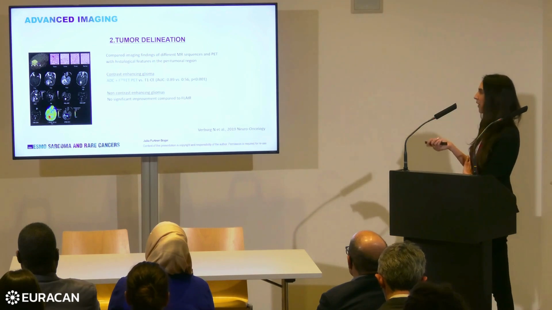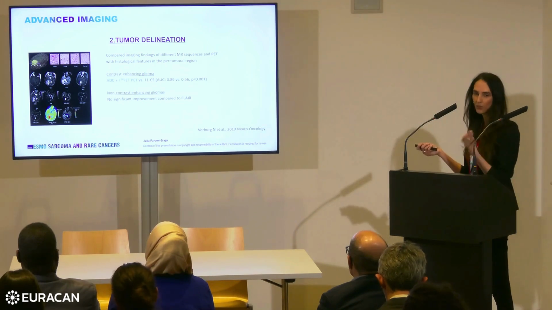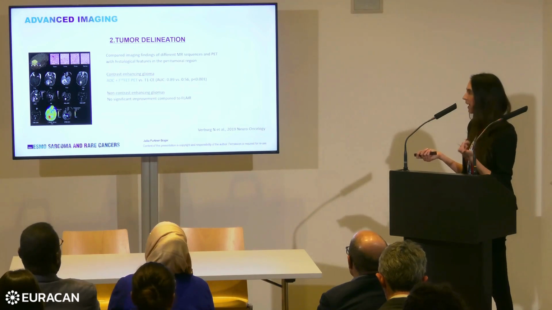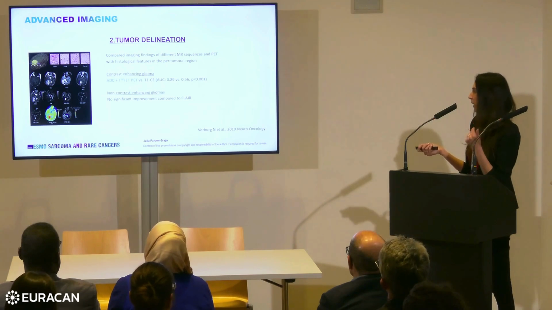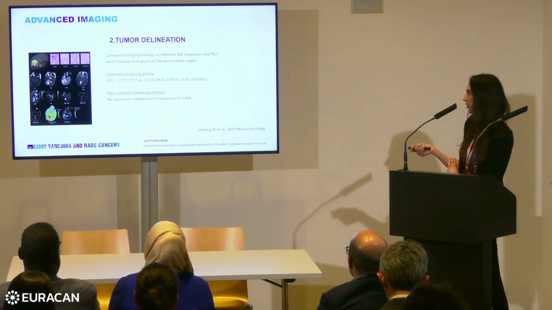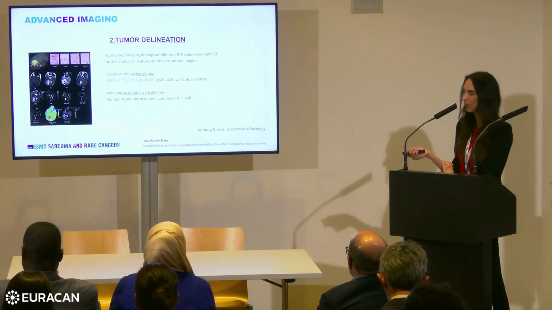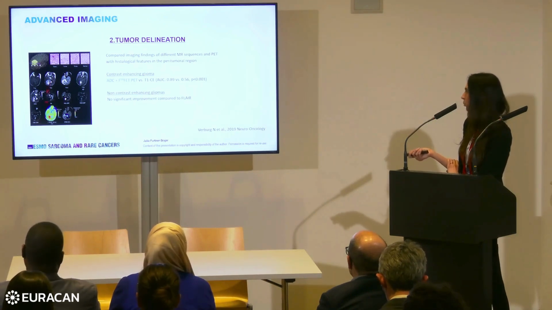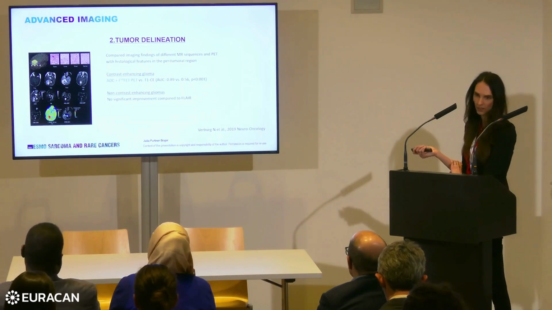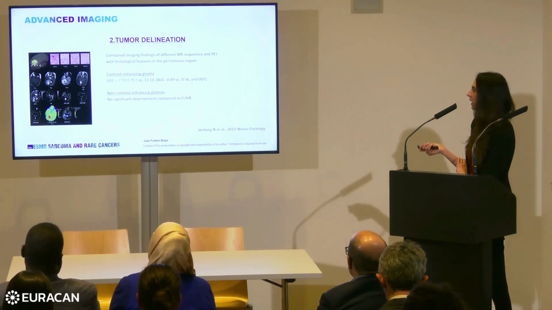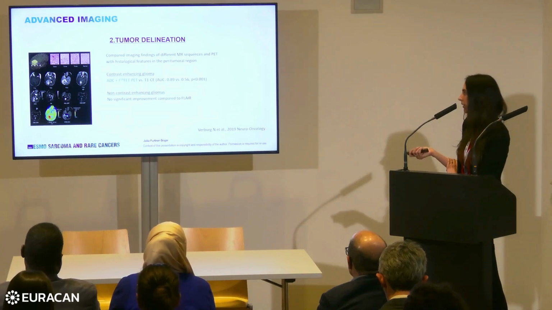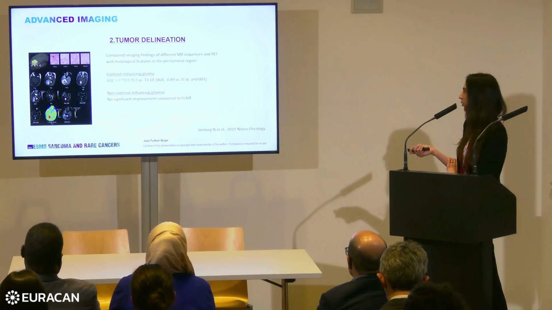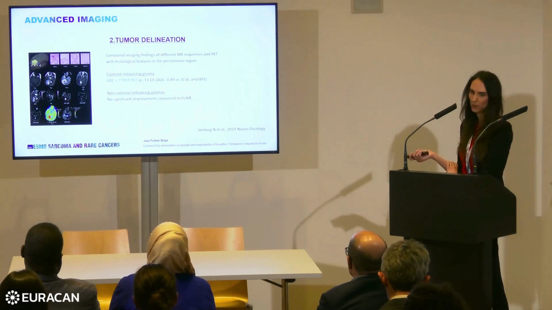And what they found was that diffusion-weighted imaging and amino acid PET were much more significantly associated with the histological features than T1 contrast-enhancing lesions. This was the case in contrast-enhancing gliomas. In non-contrast-enhancing gliomas, there was no significant improvement compared to FLAIR images.